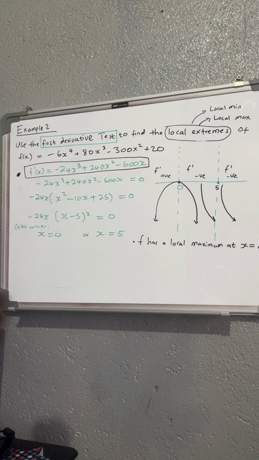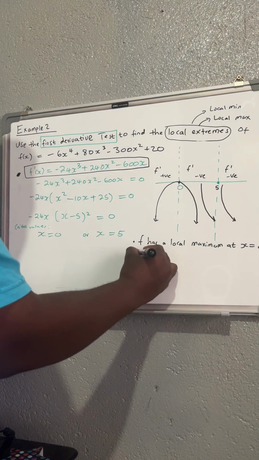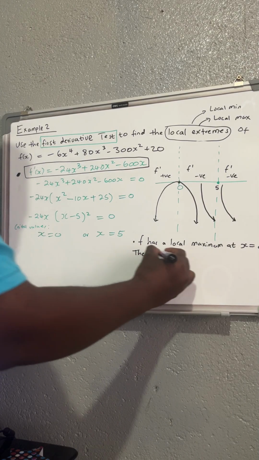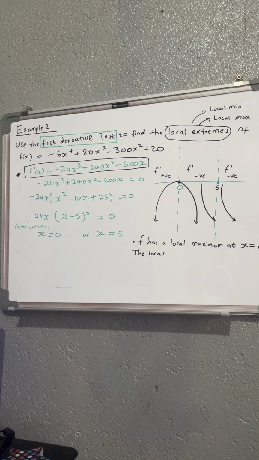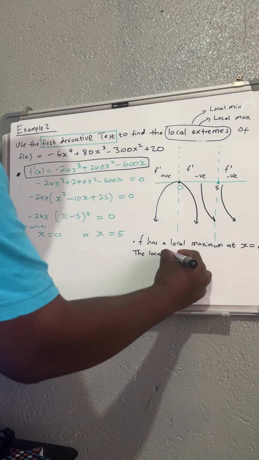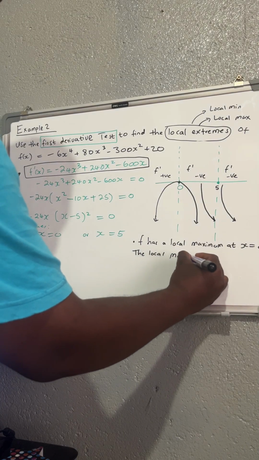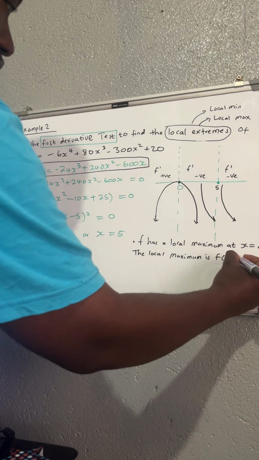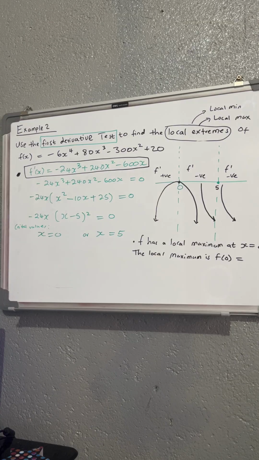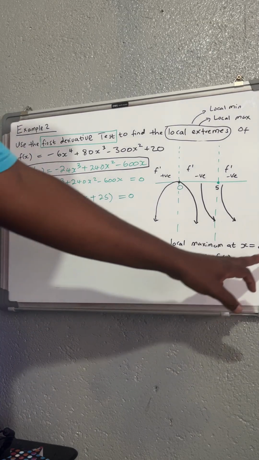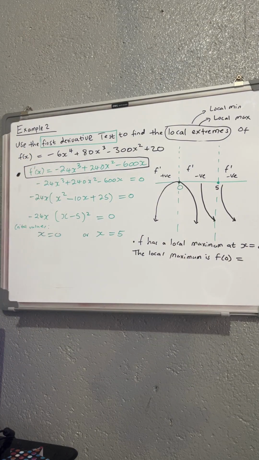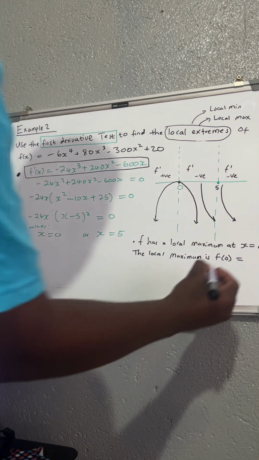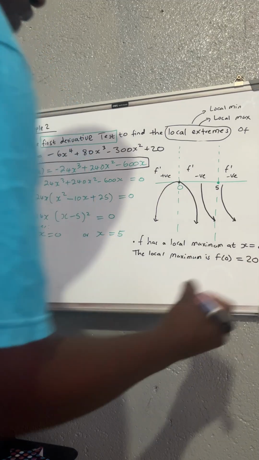Then you have to come again and say, sorry about that, the local maximum is f of 0 equals, then you input this 0 that you got into the first equation, not the derived one, then this one will just give you 20.